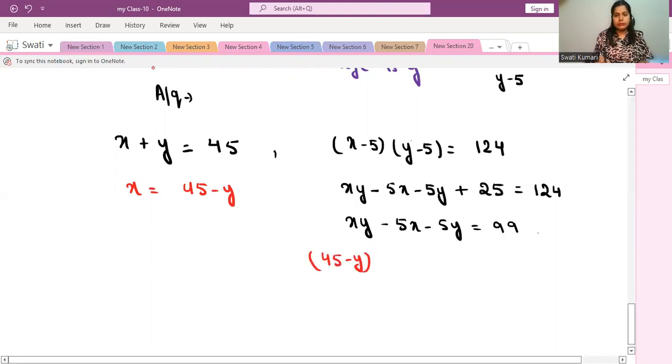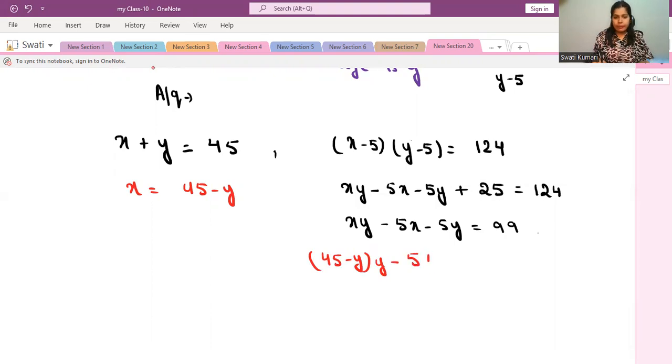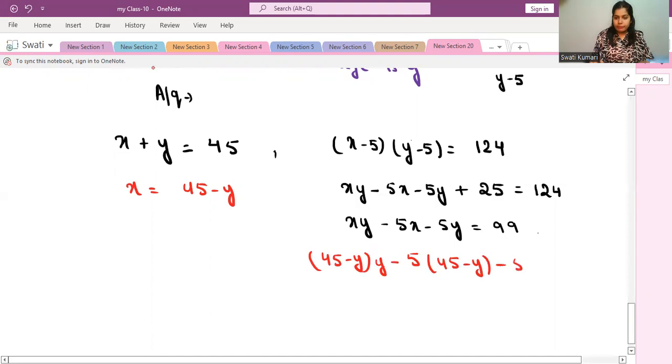Ultimately, we are going to deal with a quadratic equation. Y minus, this will become 5 into x is 45 minus y, and minus 5y, which is y only because we are not going to substitute y. We are just substituting x.